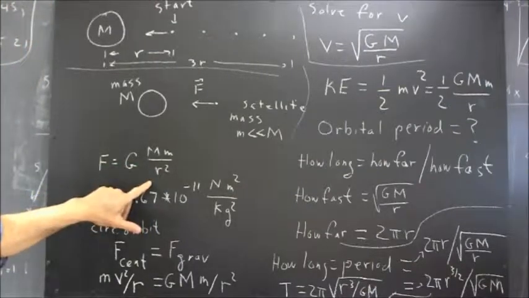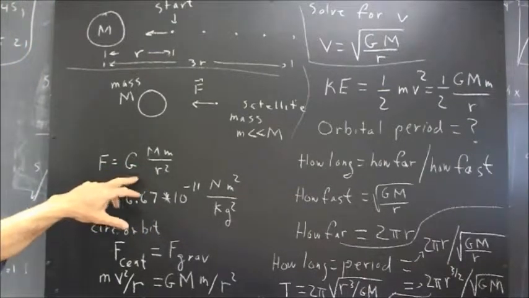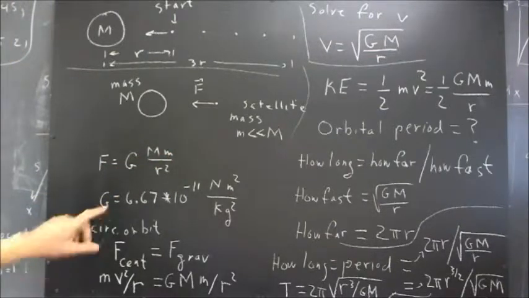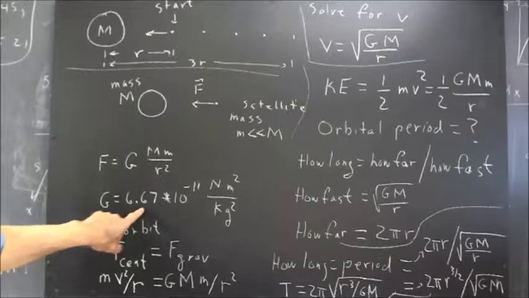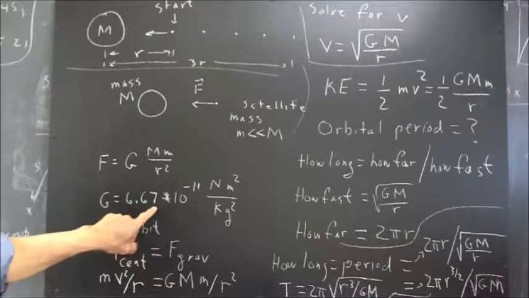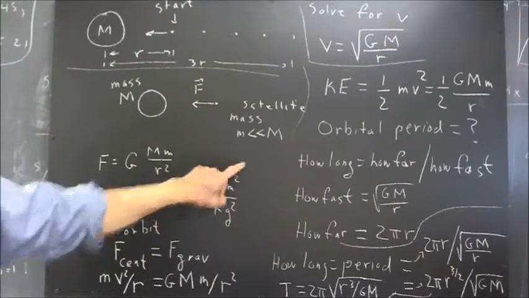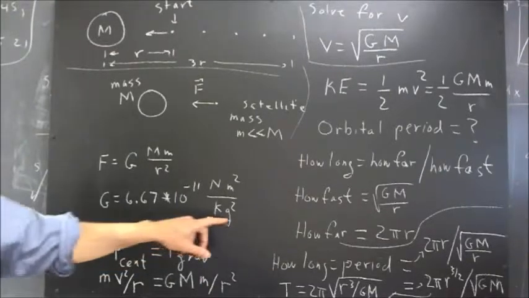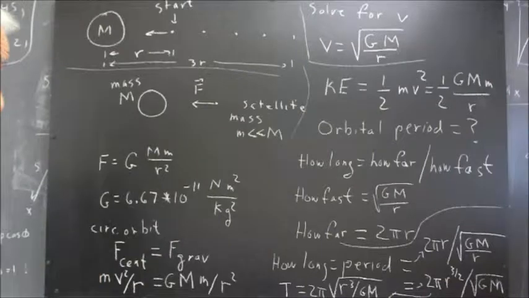Now, Newton's law of universal gravitation says that the force is big G, big M, little m over r squared, where G in this case is 6.67 to 3 significant figures times 10 to the negative 11th newton meter squared per kilogram squared. This is something we can measure in the lab, what's called the Cavendish experiment.